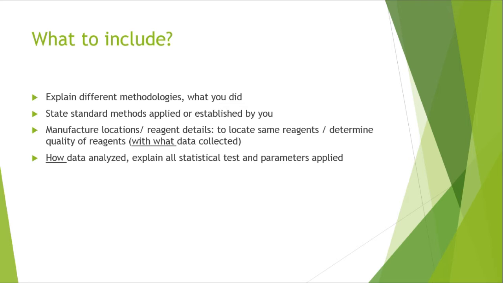Then you have to mention the manufacturing sources of the products you used, such as reagents, chemicals, or any standards, and from where you purchased them, which company and location. This helps other researchers pinpoint exactly what chemicals were used and what results were obtained, whether they clash or give the same results, and if they use different industrial products, why there are some changes.